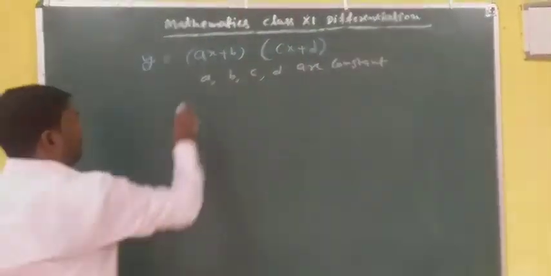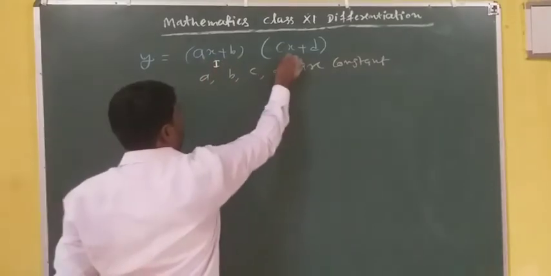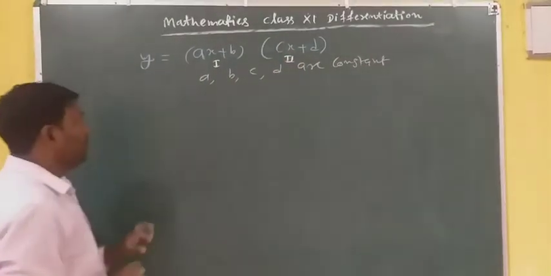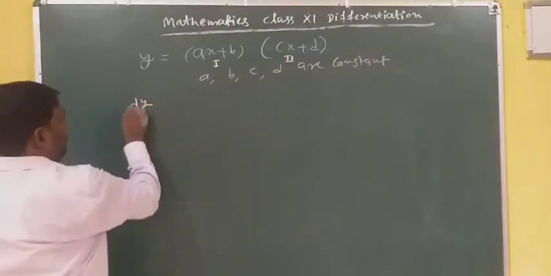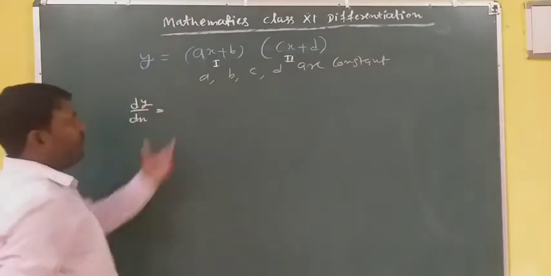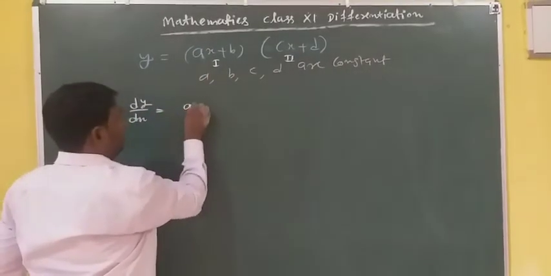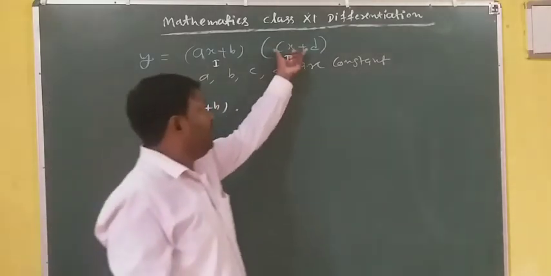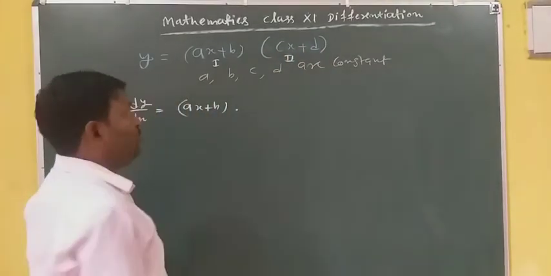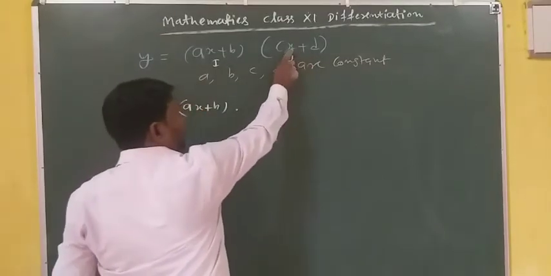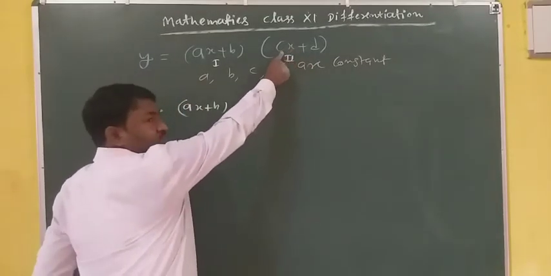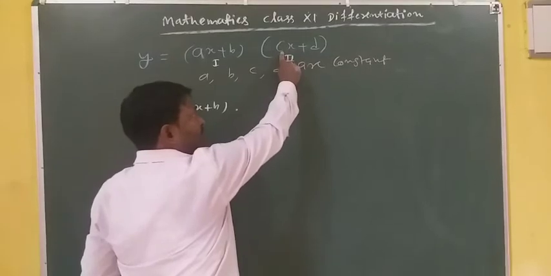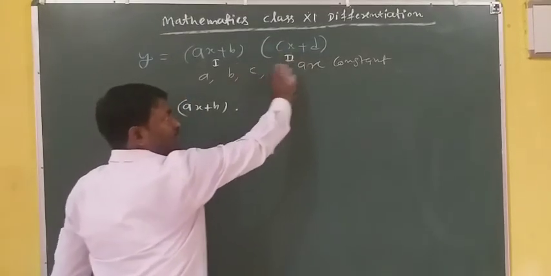So what is the product formula? This is your first function and this is your second. So dy by dx is equal to the first function, ax plus b, into the differentiation of the second function. So what will be the differentiation? Here along with x there is a constant in product, so you can take it out.